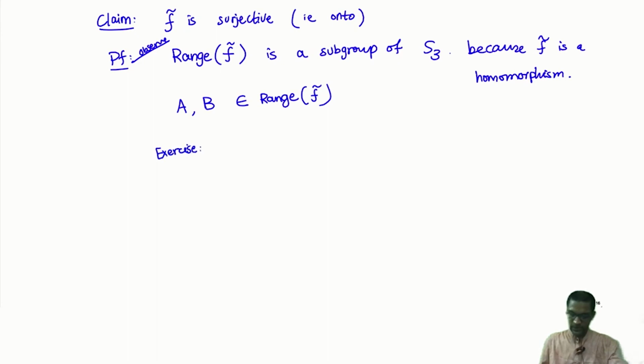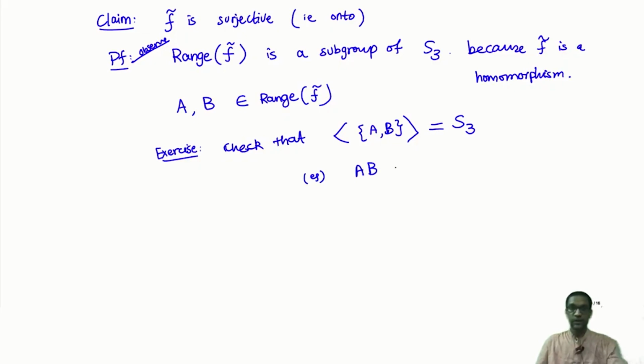Exercise: check that the subgroup of S3 generated by capital A and capital B is actually the entire group S3. How do we check this? You keep taking various products to see that you get every element. Here's one example. If I take AB, which is the cycle (1 2) times the cycle (2 3), you can check using the diagrams.